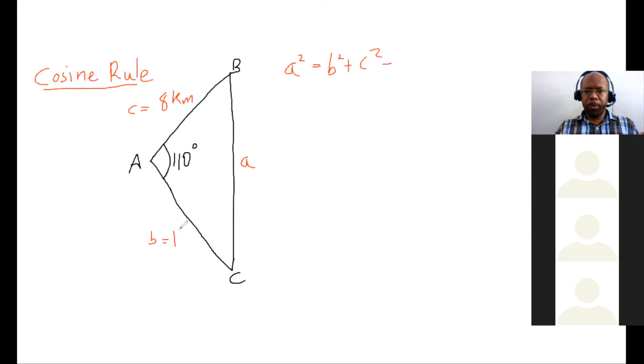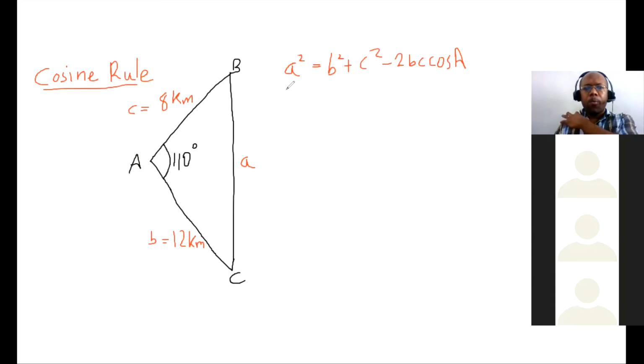I have an angle between two given sides, therefore I will use the cosine rule. So let's finish this formula. It's minus 2 B, I have a B here, C, I have a C here, multiplied by cosine of 110, or let's just put A, because that's the angle here, A.